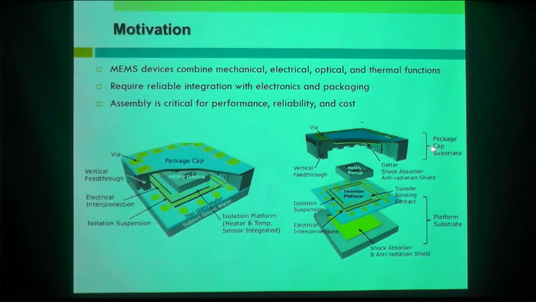Then the package substrate to cover, and it might be a hermetic package, which is airtight, etc. So that is a part of the design that you have to consider when you try to have integration and packaging of the MEMS devices.